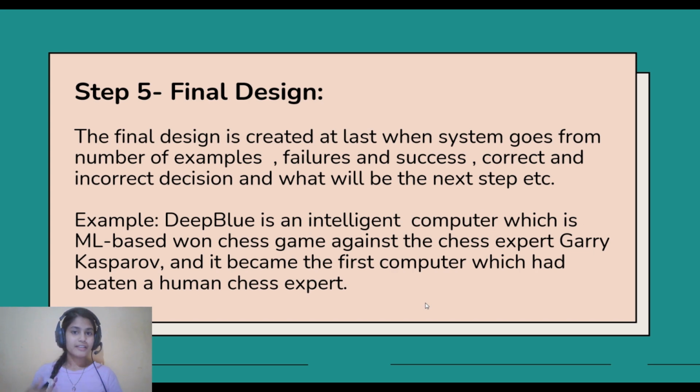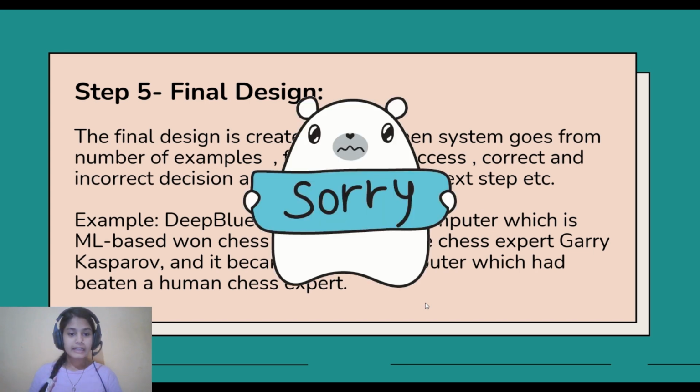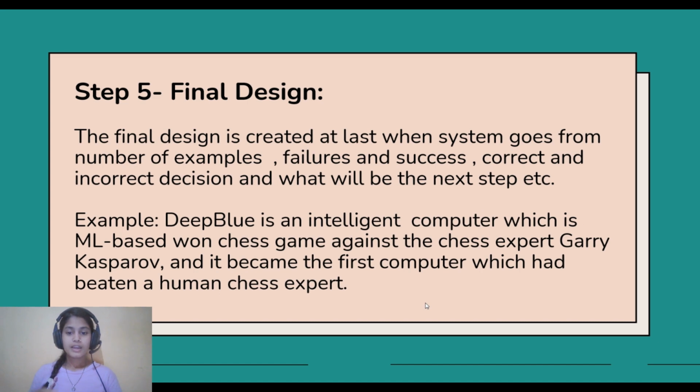Apologies if I pronounced it wrong. And it became the first computer which had beaten a human chess expert. So as I told you, it all depends on experience and failure and success, correct and incorrect decisions.